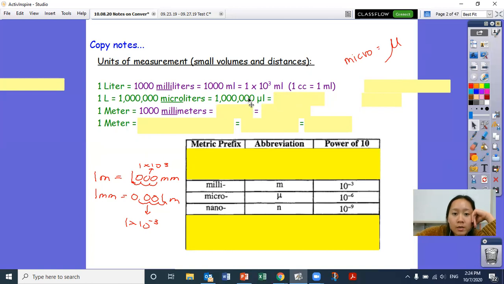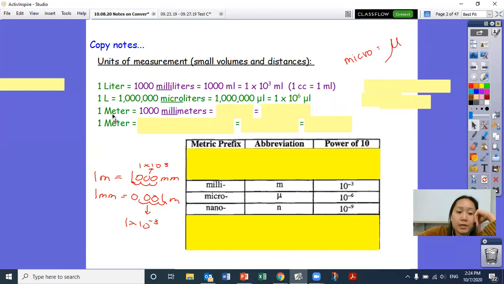And you're going to move it 1, 2, 3, 4, 5, 6 times until it's behind the first non-zero digit. And you moved it 6 times. So that means that you're going to have 1 times 10 to the power of 6 in scientific notation for microliters. And again, this is 1 million microliters, just written in scientific notation, and it equals 1 liter when you add them all up together.